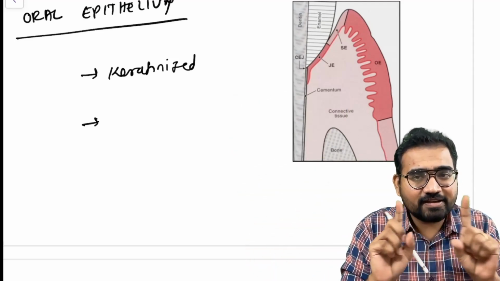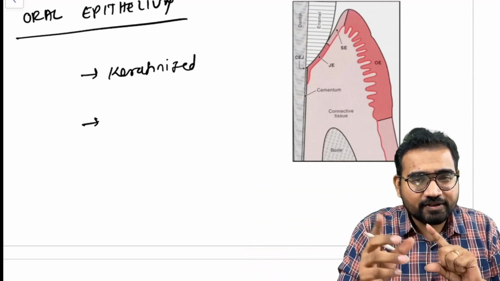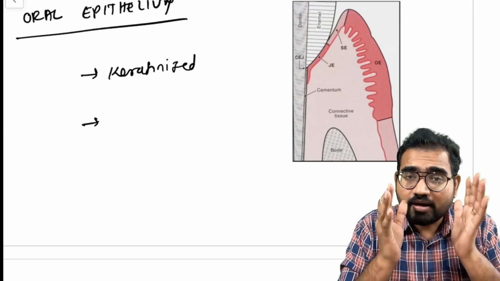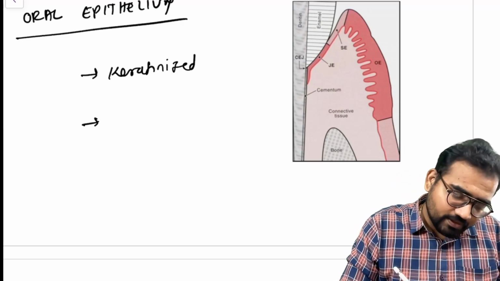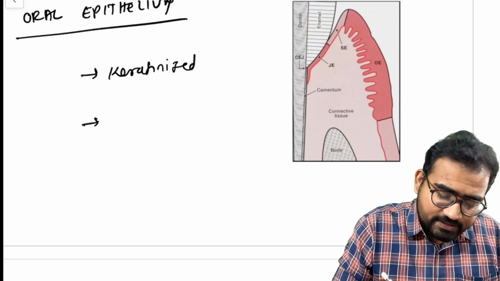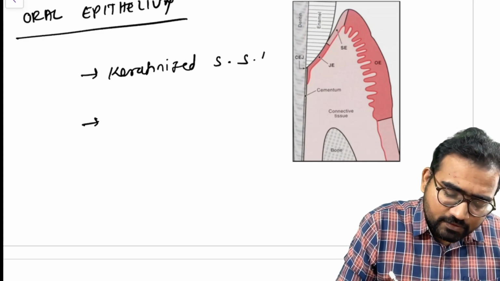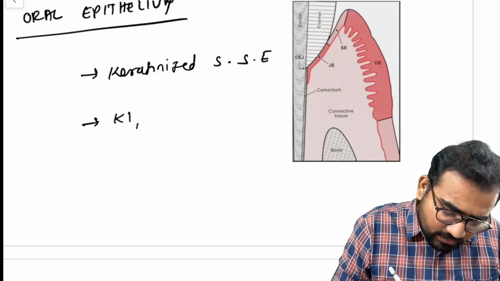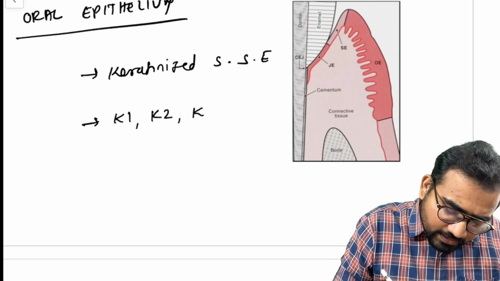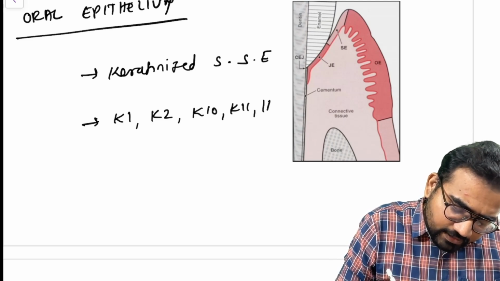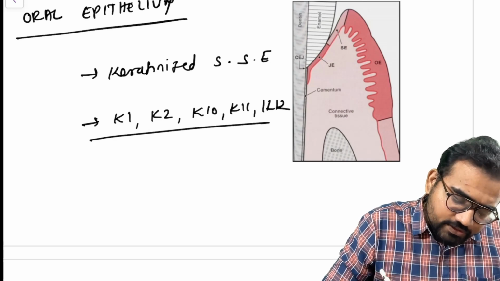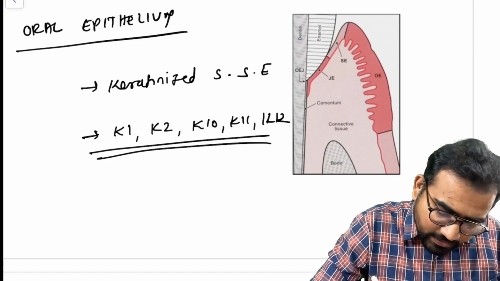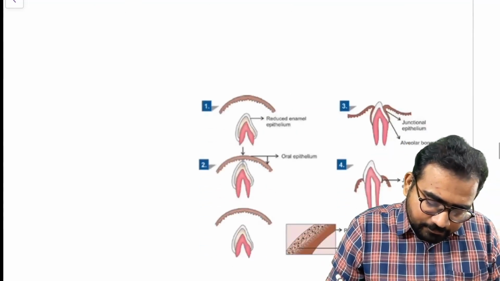Every cell will have cytokeratins and be a keratinocyte; whether it differentiates or not depends upon the epithelium. In oral epithelium, the few cytokeratins present are K1, K2, K10, K11, K12.